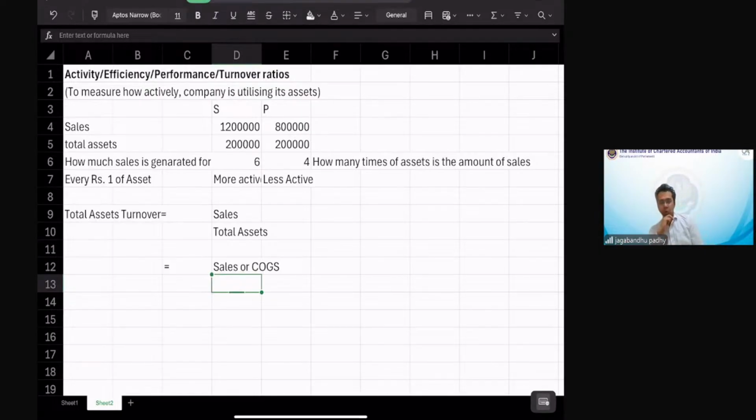Now, instead of writing total assets, my question is, which total assets should I consider? The opening amount of total assets or the closing total assets? Which total asset value should I consider? Opening or closing?